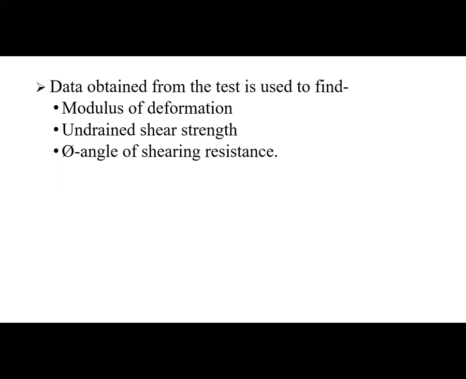The second one is the undrained shear strength. What is shear strength actually? We are applying, we can say, a tangential force to the wall of the particular borehole. If you see, the total pressure acting on the wall is different, but the tangential or punching stress is there. So for the undrained shear strength, we are also determining phi, the angle of shearing resistance.